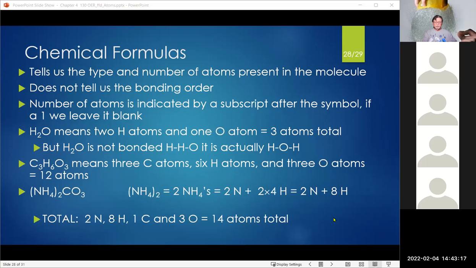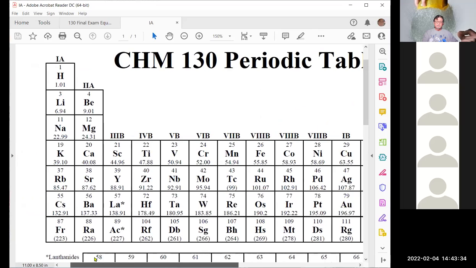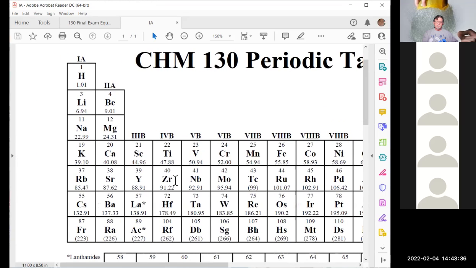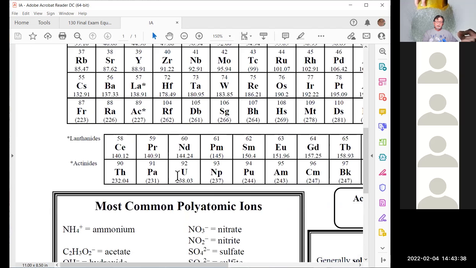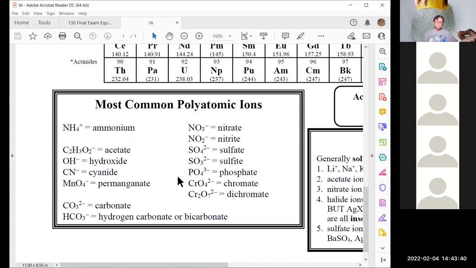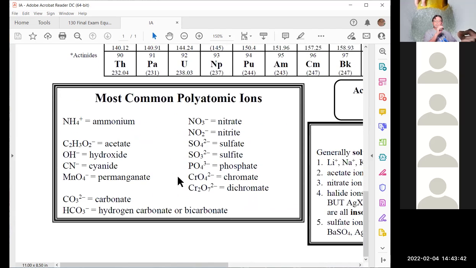All right, here's another one. Now, the takeaway from here is this. Notice in this structure, we got a parentheses. Okay, that's a flag for you to be aware of something. I'm going to direct you to the periodic table because we're going to be using this table quite a bit. Not just this part of the table, but right below the periodic table, there is another table called the most common polyatomic ions.